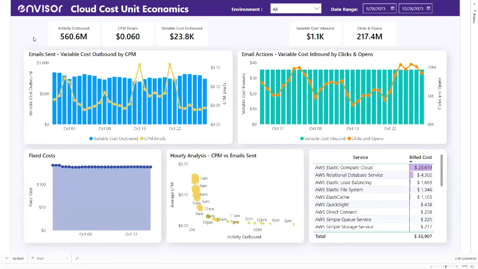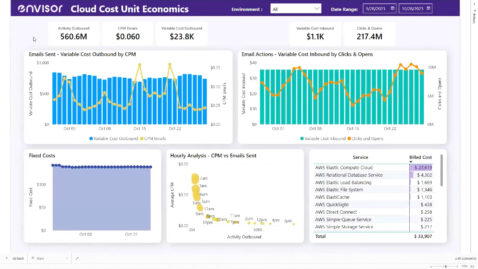So first, let's talk about different data sources. This is one of the challenges we talked about earlier that Power BI can help address. One of our data sources here is Envisor, which is where we're getting all the cloud spend, cloud cost information. The other data source we're using were server logs for email and web activity that the client was able to provide.